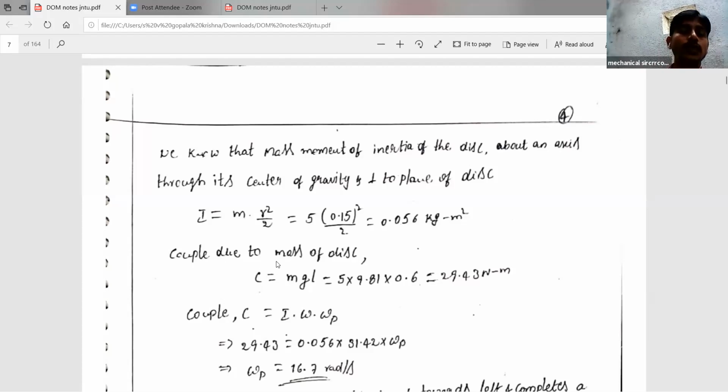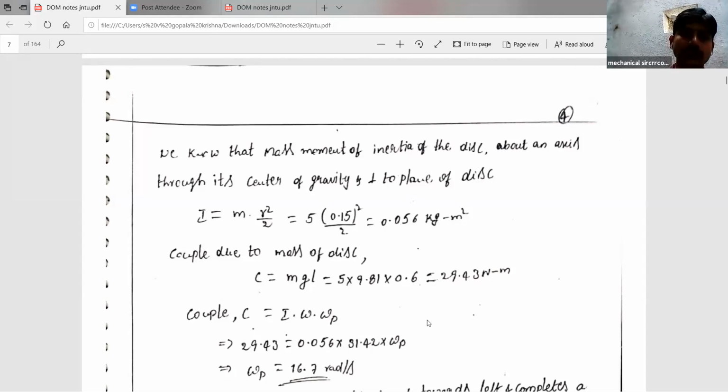The couple due to the mass of the disk, C equals m g l. Here m is already there, g is the constant, and the length of the arm is 0.6. When we make the calculation, we get the couple due to the disk as 29.43 Newton meters.